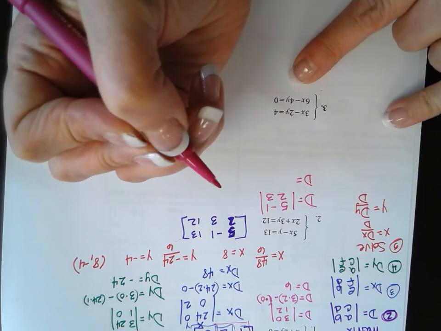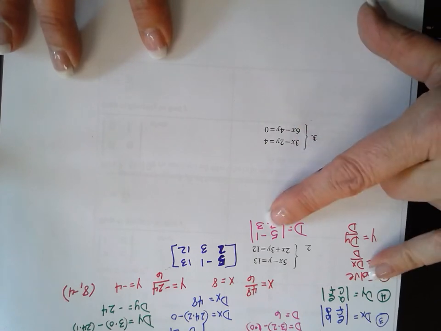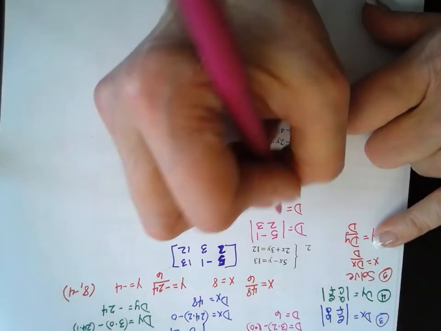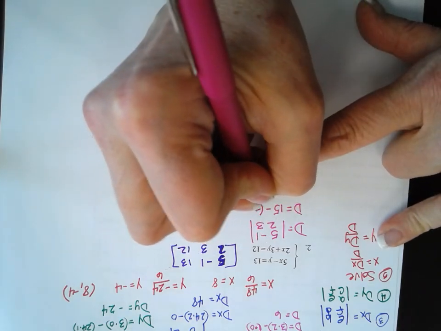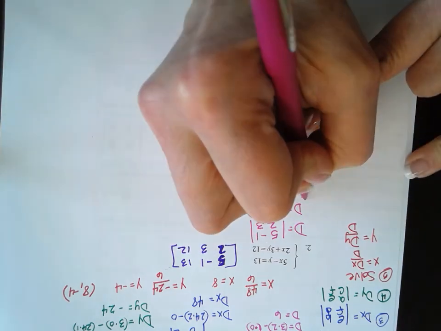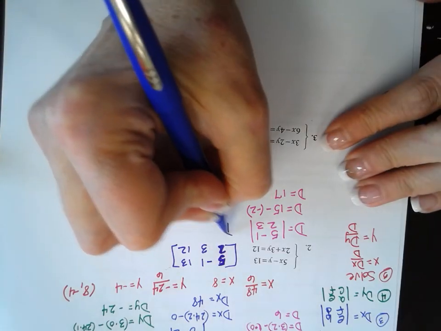So my determinant is going to be 5 times 3, which gives me 15, minus negative 1 times 2, so plus 2. So my determinant is 17. Good?